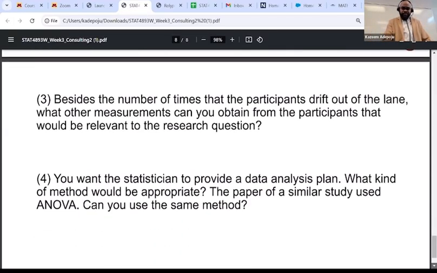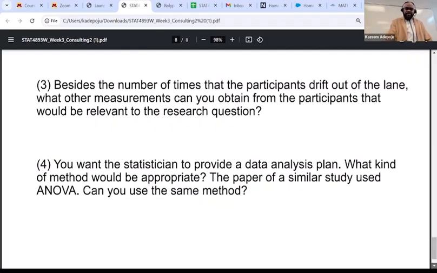Then, besides the number of times that the participant drifts out of lane, what other measurement can you obtain from the participant that will be relevant to the research question? Like I said, one thing leads to another, and we don't find ourselves where we are without some factors responsible.